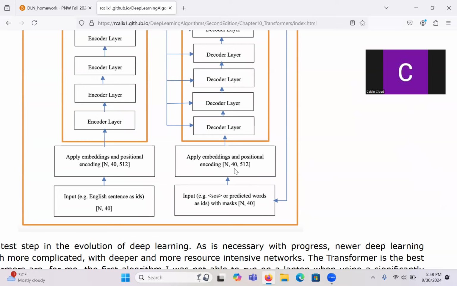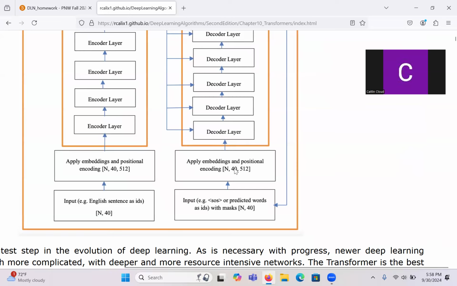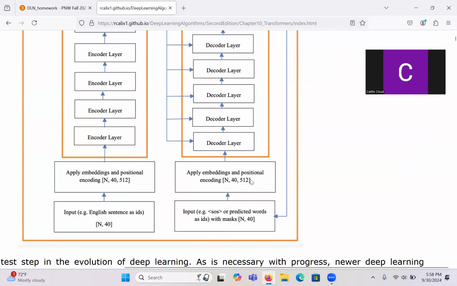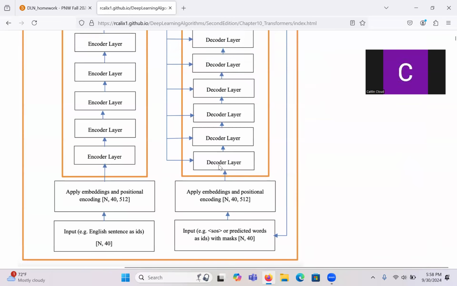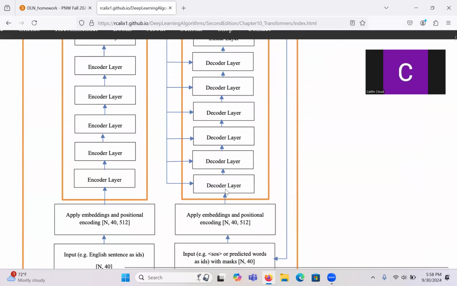Why? Because in that 40, we had ID 17, 3, 5. Now that ID 17, 3, 5 becomes embeddings of size 512. Okay. All right. So this n by 40 by 512 then goes into the same thing as before.